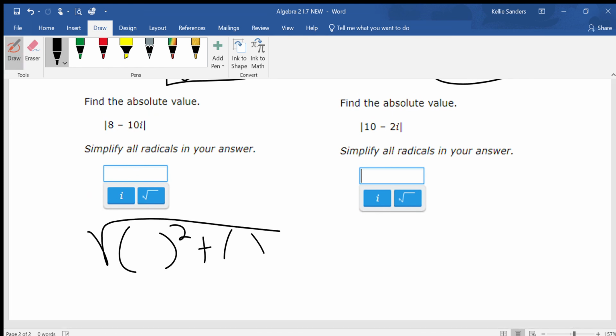Square root of something squared plus something squared. 8 and negative 10. 64 plus 100.